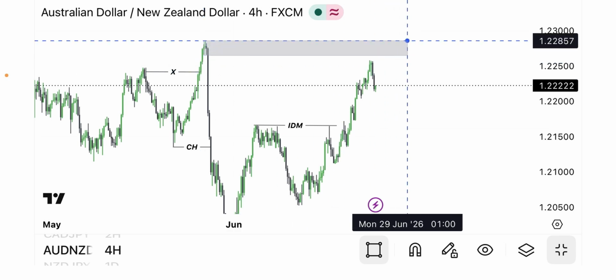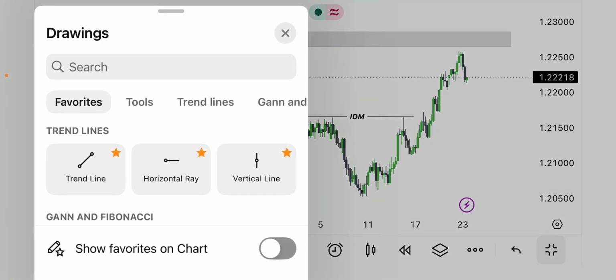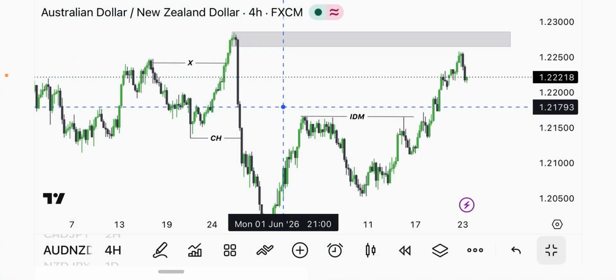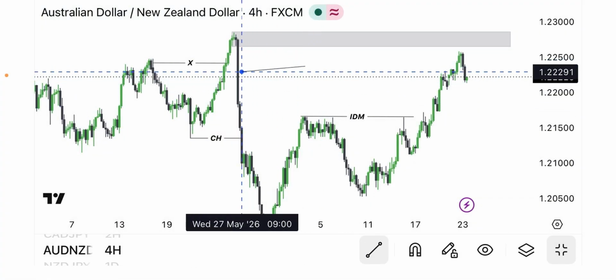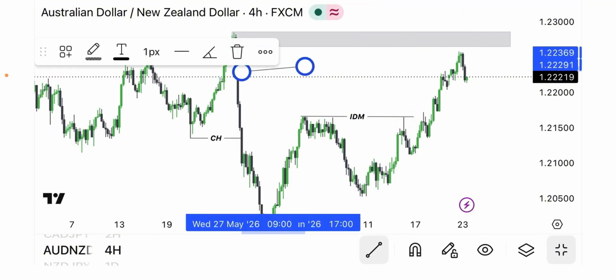just above here, right? This is actually a very long imbalance. This particular imbalance is very big, right? I don't have a tool for imbalance here.